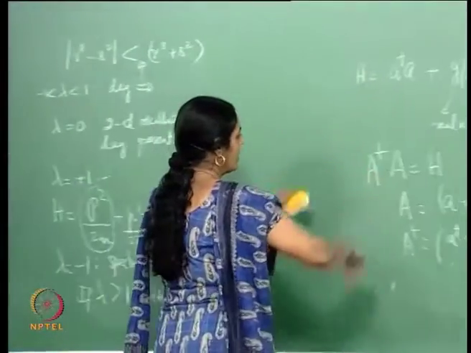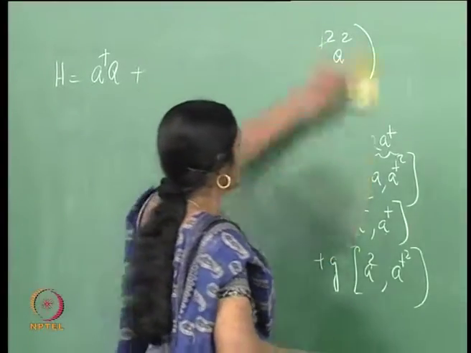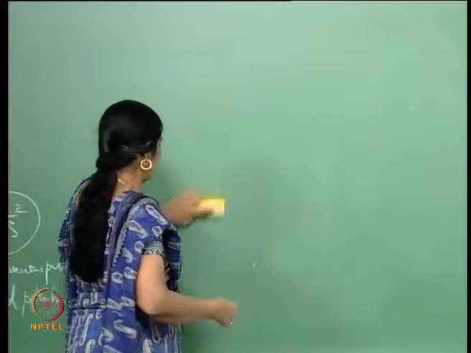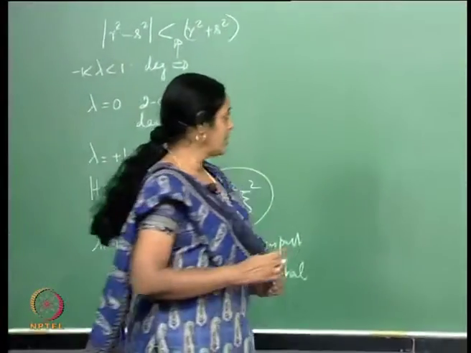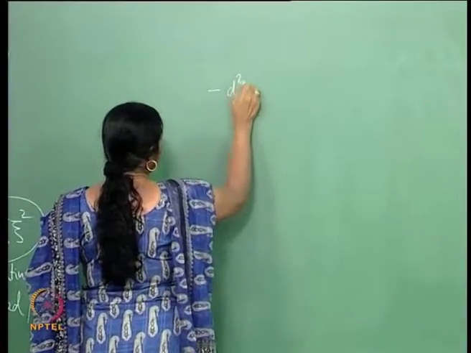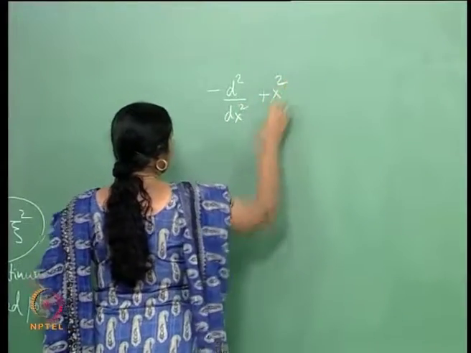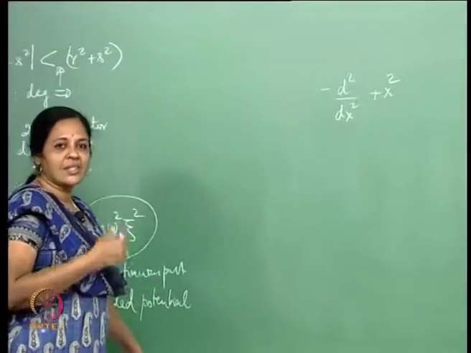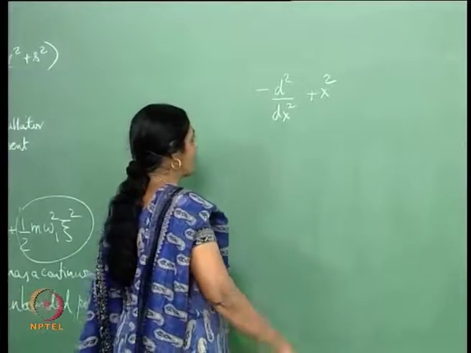Suppose I forget all this and I just look at a Hamiltonian, the standard oscillator Hamiltonian A dagger A, but instead now I want to go to the position representation. So, I start with an operator minus d2 by dx squared plus x squared, and you will recognize this as essentially the harmonic oscillator Hamiltonian.